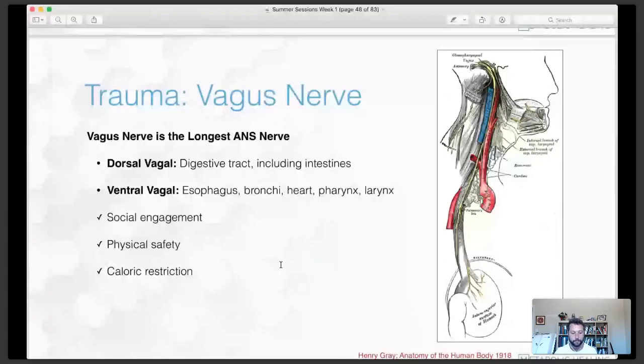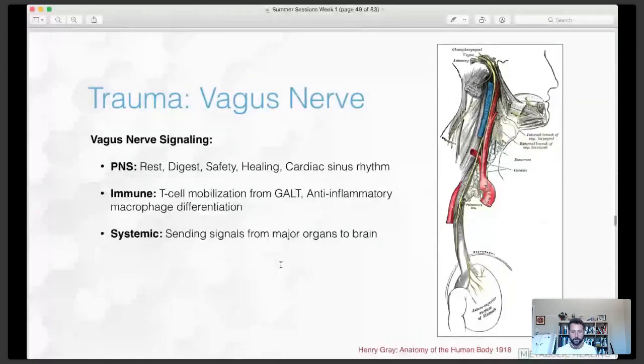Now, it turns out that the vagus nerve is doing other things that are really significant. We know the parasympathetic nervous system means rest, digest, safety, healing, cardiac sinus rhythm. Guess what? The vagus nerve has a powerful effect on the immune system.